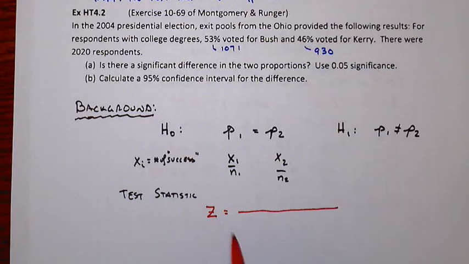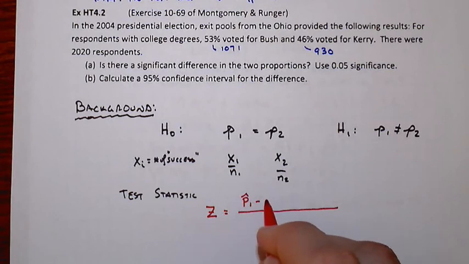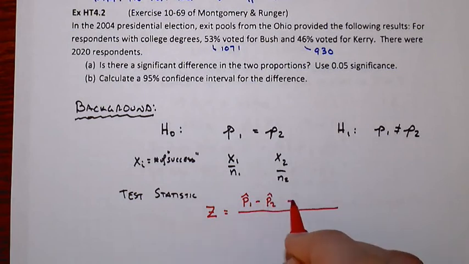And so the fact that we're going to call this z already tells you that we're going to be looking at this as somehow a normal distribution, right? And if we're looking at differences here, then we're going to take a look at the difference between the two measured out of our sample, p1 minus p2, and then minus the expected value of that.